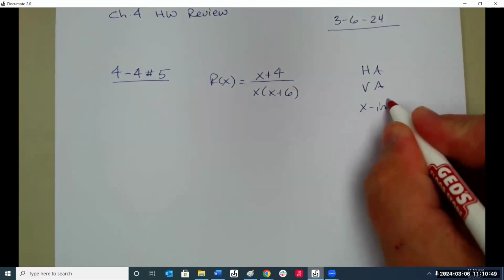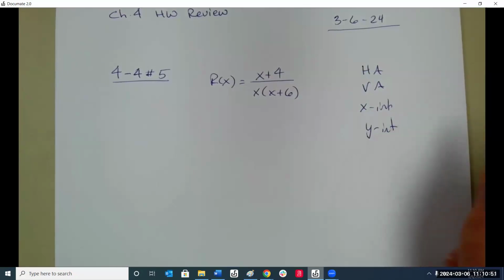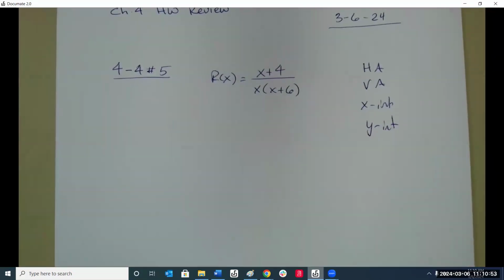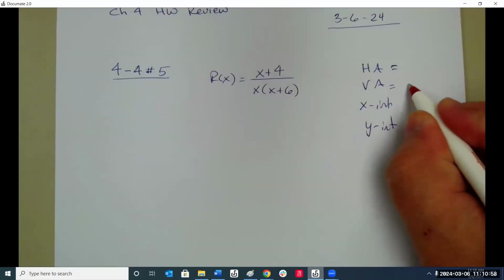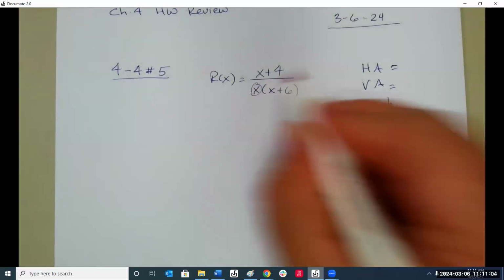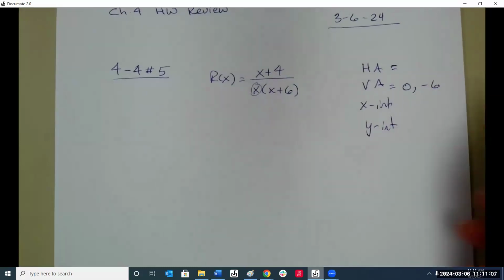We want to find that. Yeah, we'll find everything we can. So what are my horizontal asymptotes? What's my vertical asymptote? What about this one? 0 and -6.